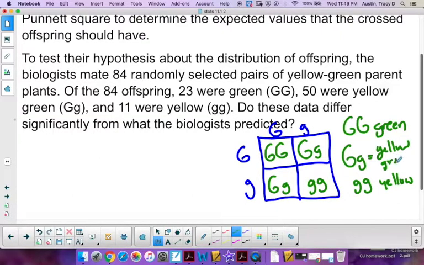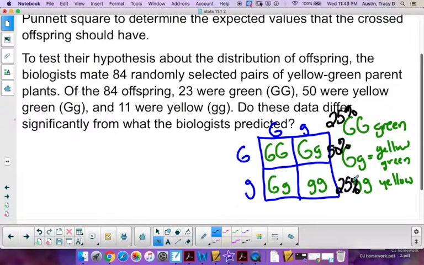All right, so knowing how the Punnett square works, if you're crossing these two plants, then the proportions you should get, since you have 4 squares here, are that 25% of the plants should come out green, 25% of the plants should come out yellow, and 50%, since there's 2 of them, should come out yellow-green.